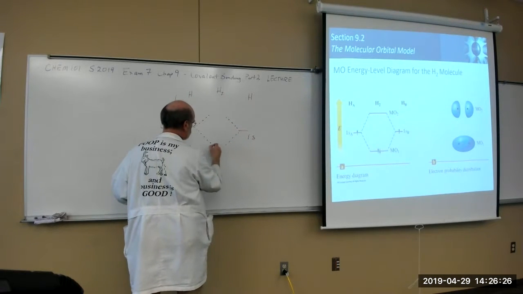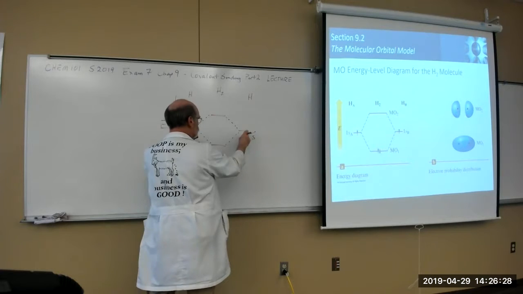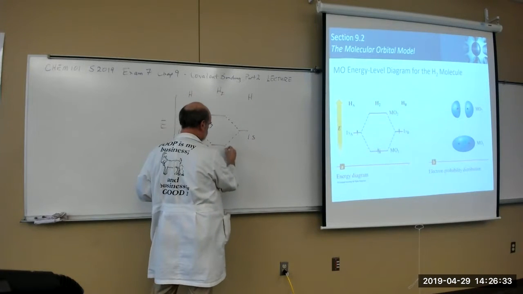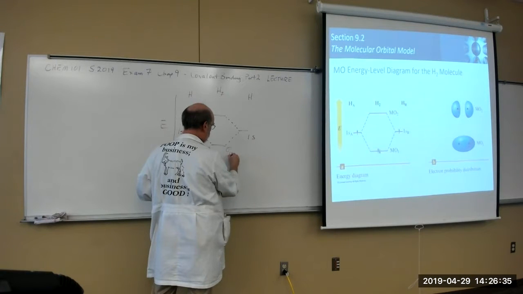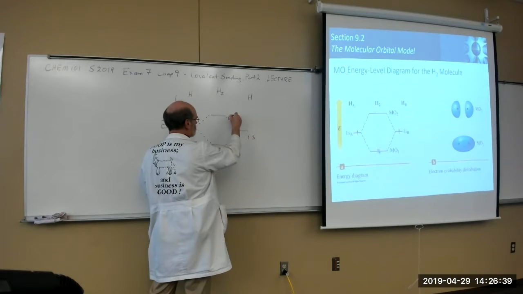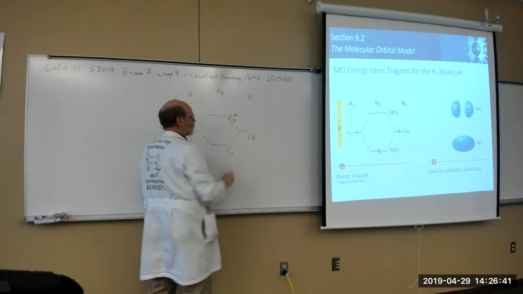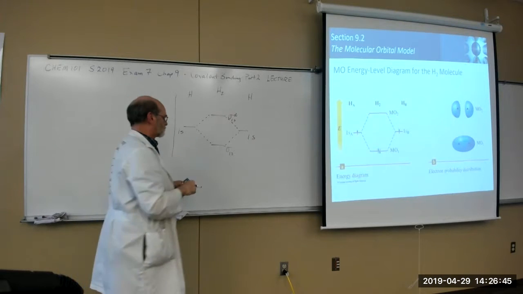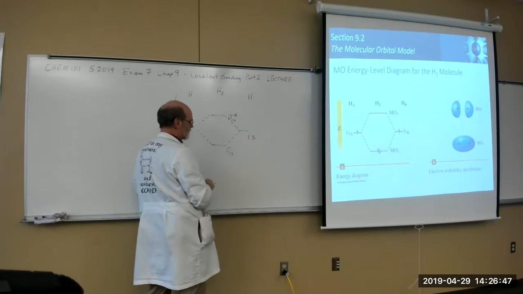But the rules are still the same. Two atomic orbitals, two molecular orbitals. So this one is a sigma formed from the 1s atomic orbitals. This is a sigma star, which is our designation for an anti-bonding orbital at a much higher energy level.